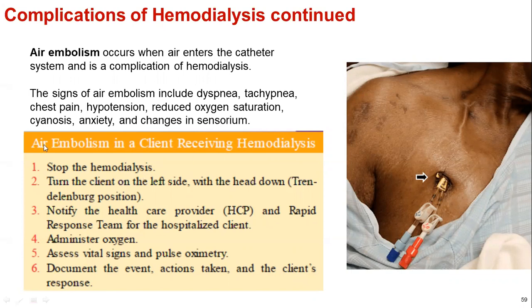Here, showing another complication, is called air embolism. If your patient develops an air embolism, how could we prevent it? So air embolism occurs when air enters the catheter system and is a complication of hemodialysis, either because of the catheter or during the hemodialysis, air bubbles can enter the circulation.